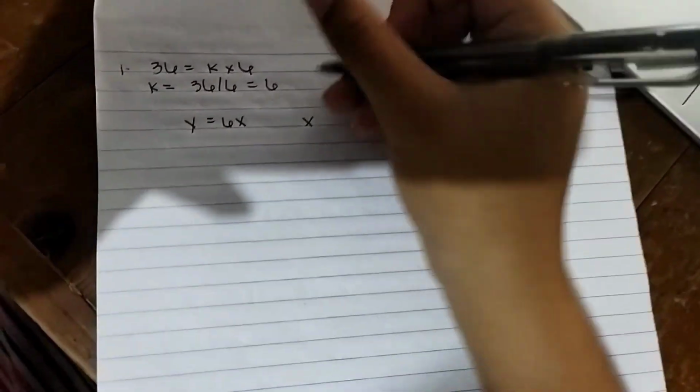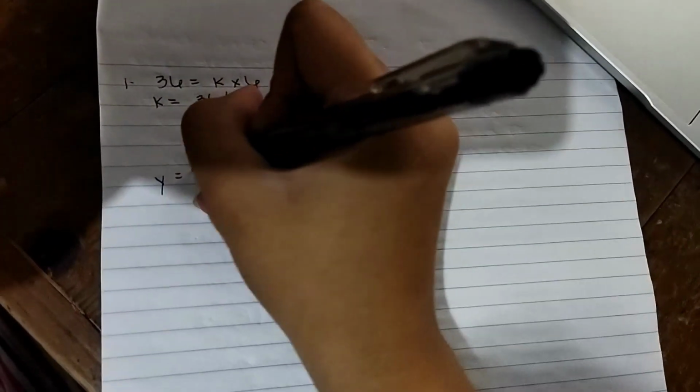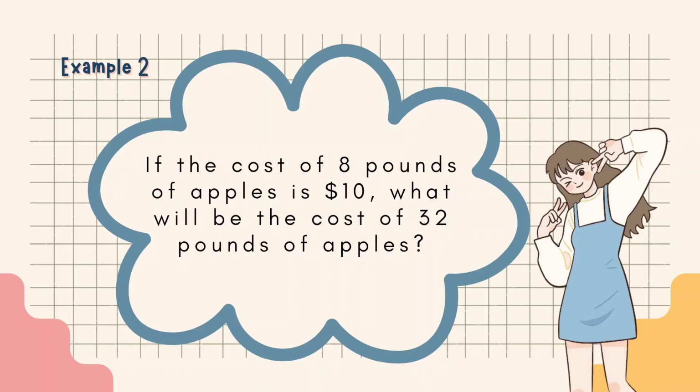The direct proportion equation is y is equal to 6x. Now substitute x is equal to 80 and find y. So, y is equal to 6 times 80, which is 480. The answer is 480. Let's proceed to example number 2.